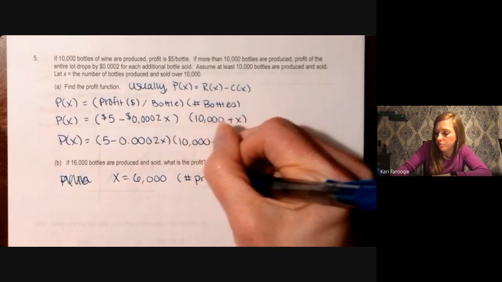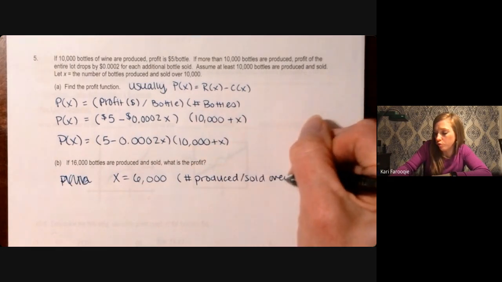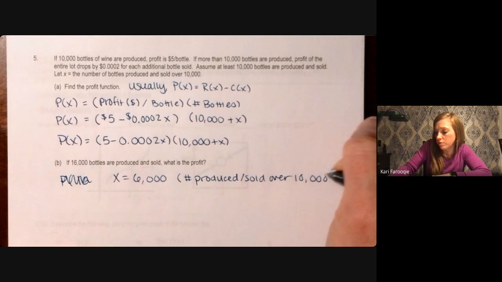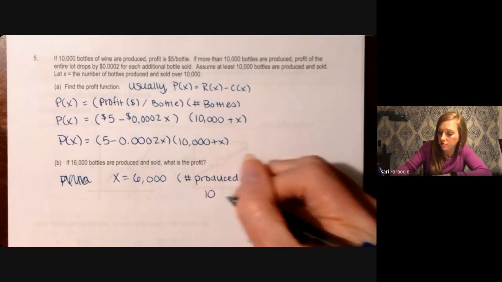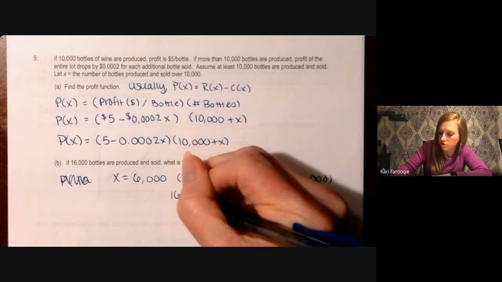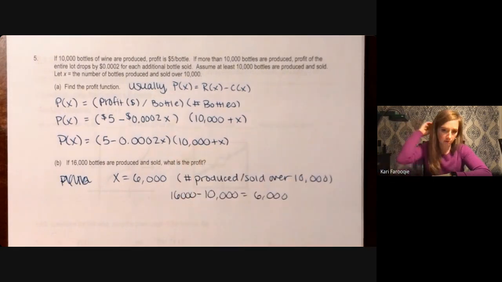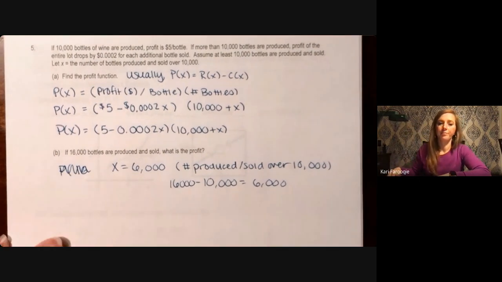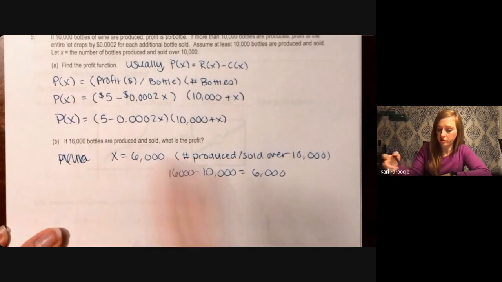To get to the 6,000, we have 16,000 minus 10,000 equals 6,000. And then we'll evaluate P of X, which is P of 6,000.